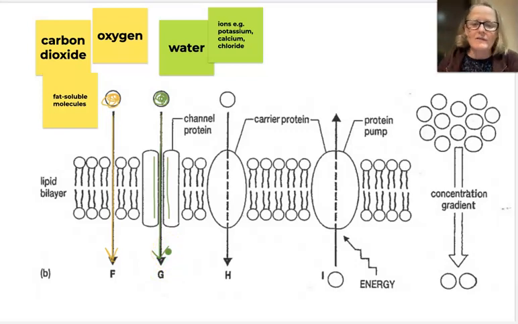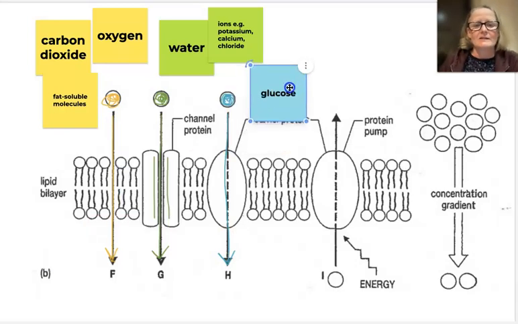There's another way that passive transport can happen, and that is through a carrier protein. A carrier protein still allows passive movement, but instead of the movement just being through an open hole, the carrier protein actually changes shape as the movement happens. An example of this is glucose.